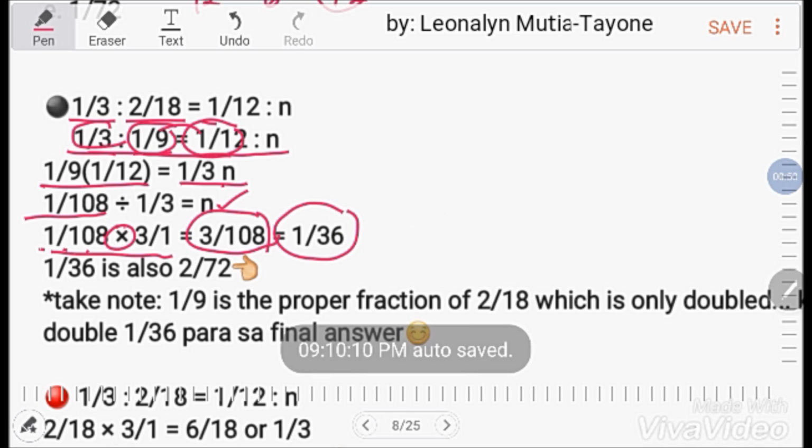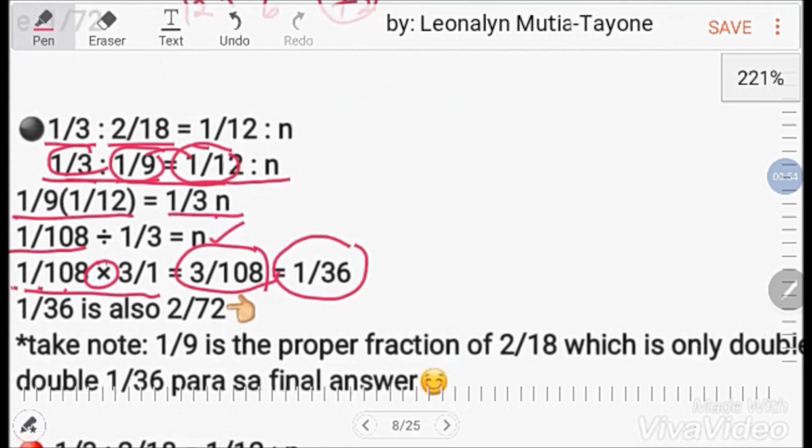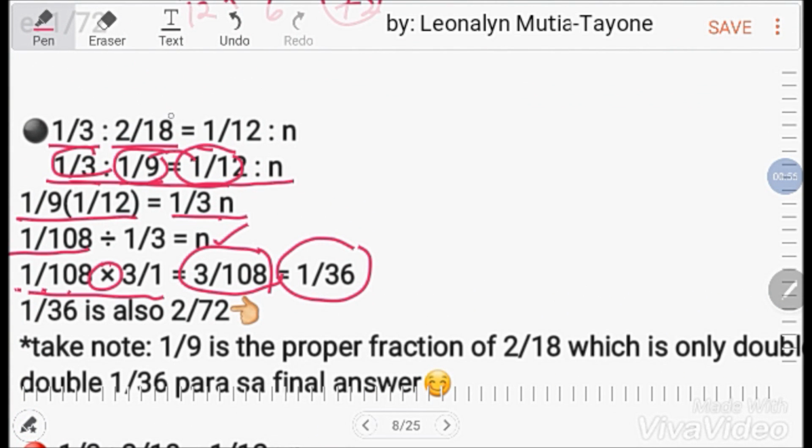Take note. Balik tayo sa given. Ang nasa given, 1/3 is to 2 over 18. Bali, minumultiply ni 2 si 1 over 9, kaya naging 2 over 18. So, dito rin sa letter N natin, ang answer natin, i-multiply din natin.